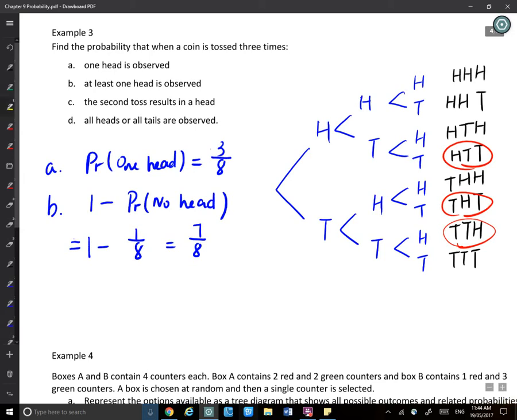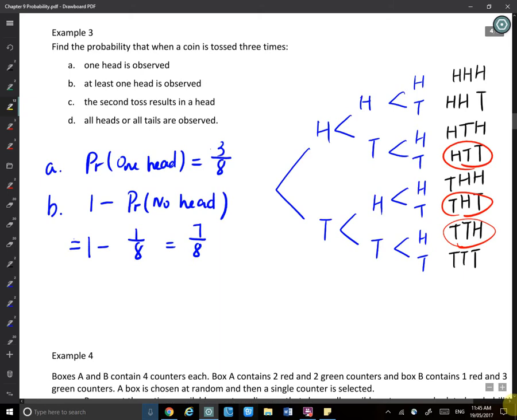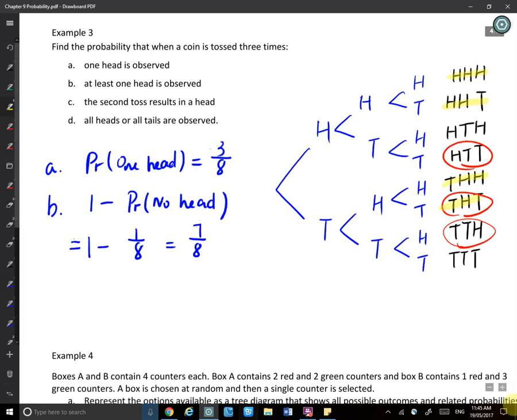Okay, next one, I want the second toss to result in a head. How many situations do you have where the second one is a head? 1, 2, 3, 4. So 4 times the second one is a head.